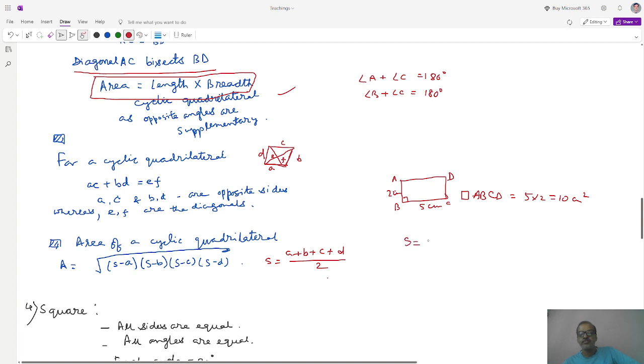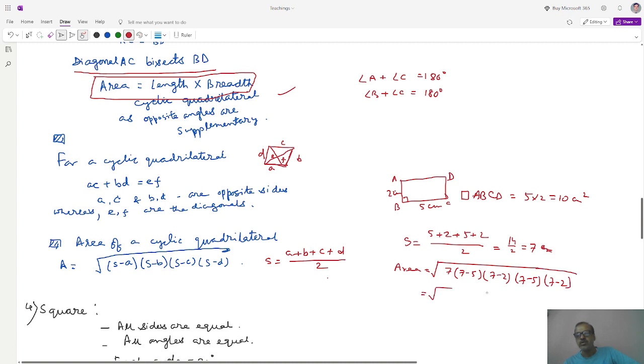S equals 5 plus 2 plus 5 plus 2 divided by 2 equals 14 by 2 equals 7 centimeters. And the area equals root over 7 minus 5 into 7 minus 2 into 7 minus 5 into 7 minus 2.